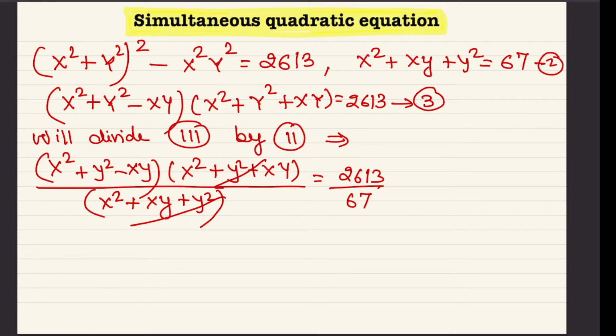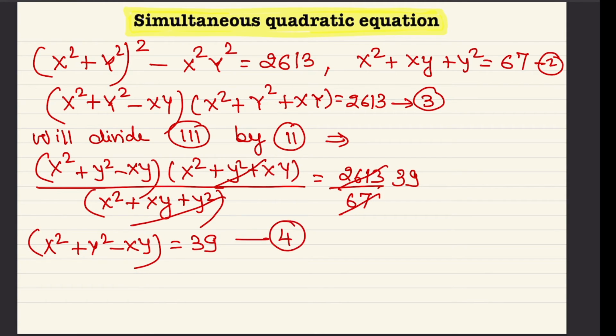On solving, we get x square plus y square minus xy is equal to 39. Let us name this equation as equation number 4.